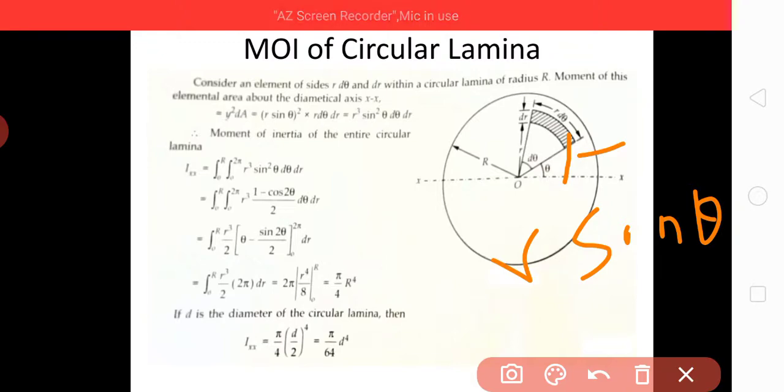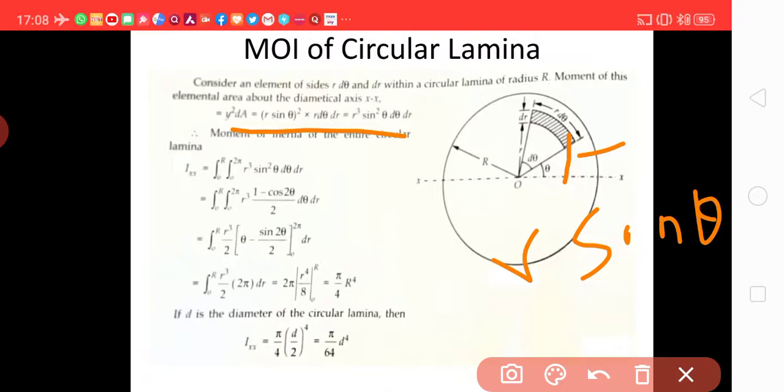And the area of this elementary lamina is r d theta into dr. Hence, replacing y square dA by r sin theta whole square into r d theta dr, it becomes r cube sin square theta d theta dr.